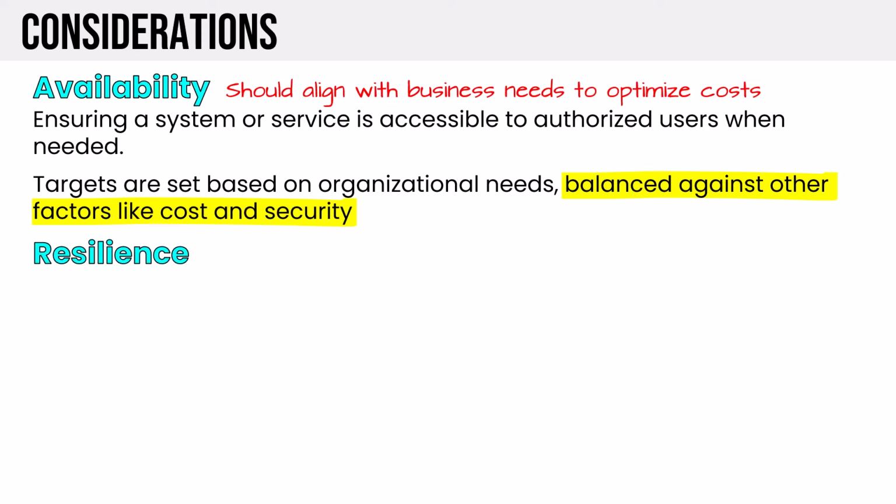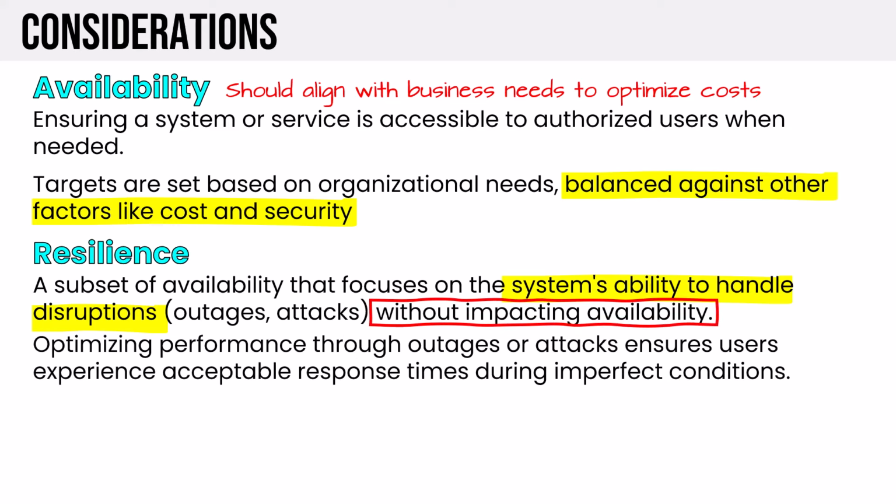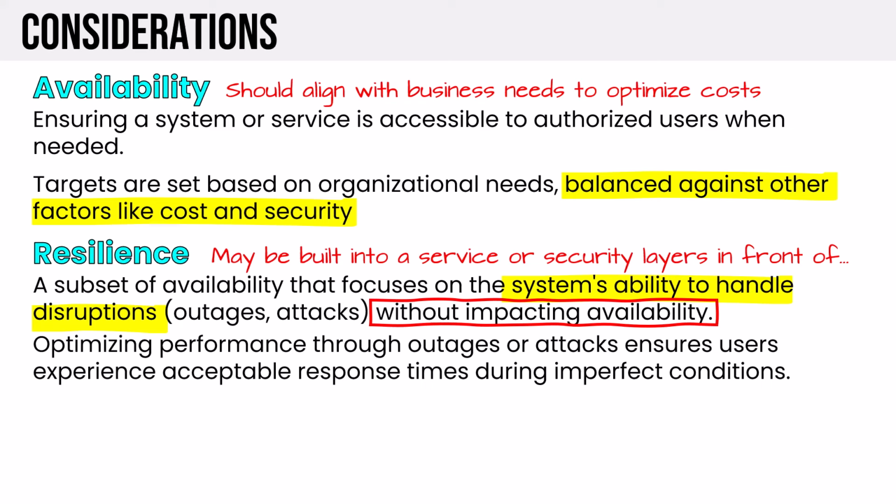Next, we have resilience, which is a subset of availability that focuses on the system's ability to handle disruptions without impacting availability. And by optimizing performance through outages or attacks, it ensures users experience acceptable response times during imperfect conditions. And we might build that resilience into the service itself, and if we can't, we may build that into security layers that sit in front of the service.